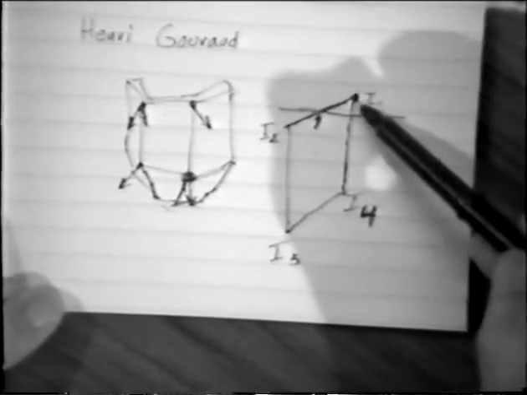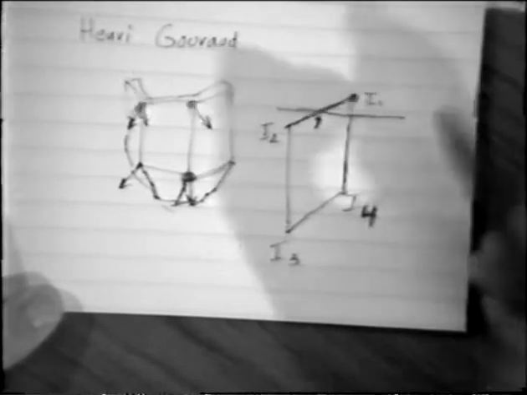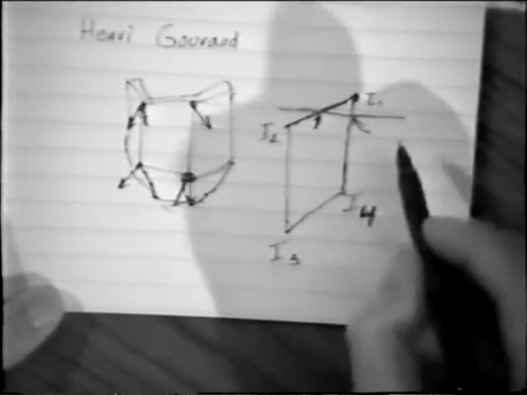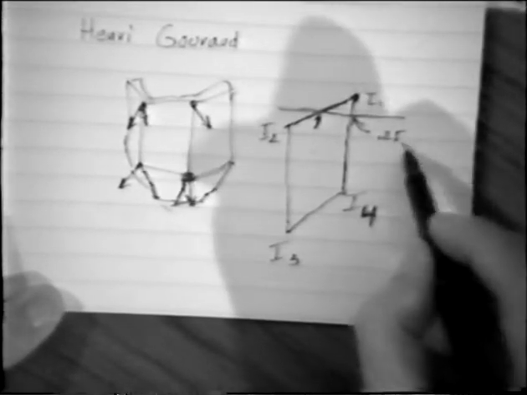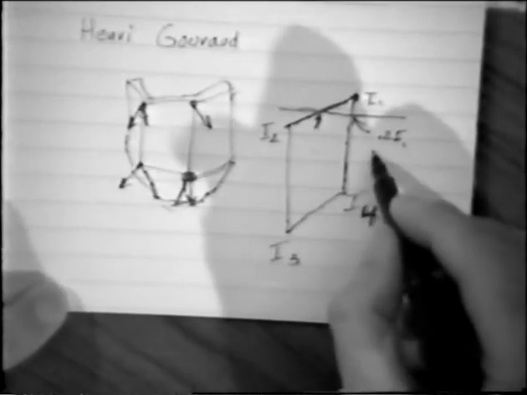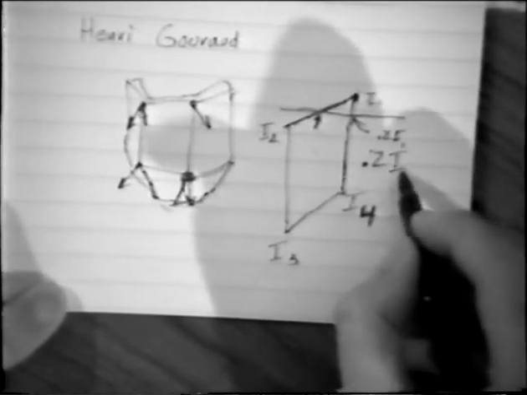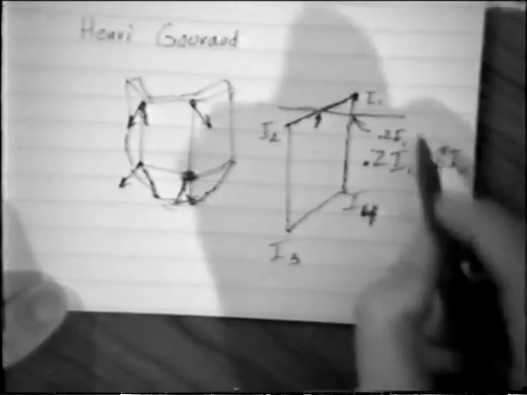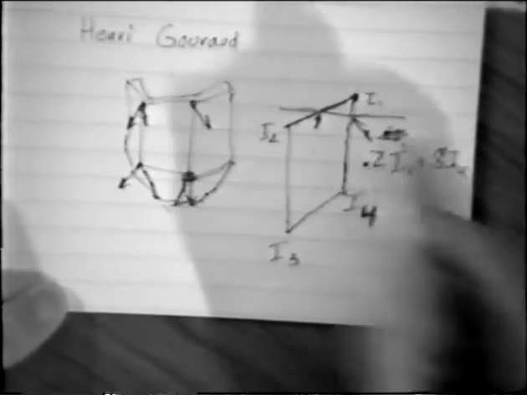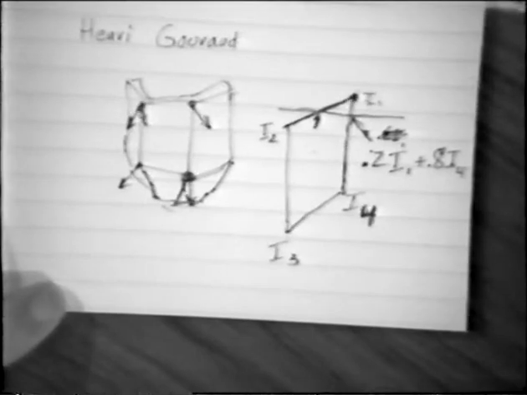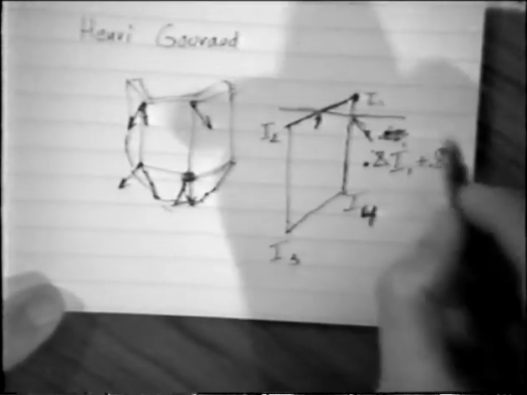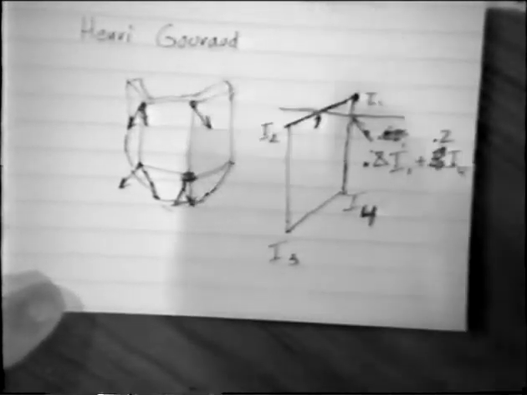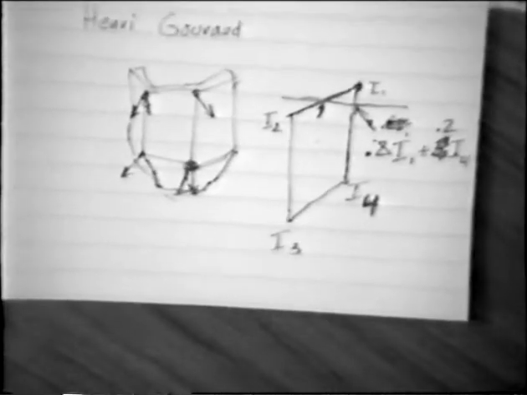And since we're about a fifth of the way down here, the intensity there would be like 0.2 I1 plus 0.8 I4. I think that's actually backwards, isn't it? Don't you want it to be really close to I1? Backwards, right. So as you go down here, the thing goes from I1 to I4 linearly.